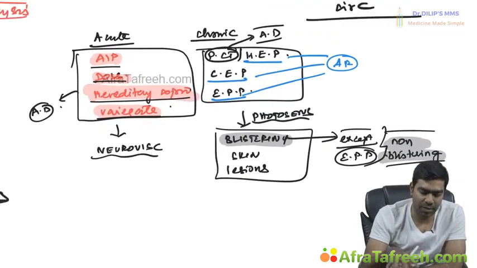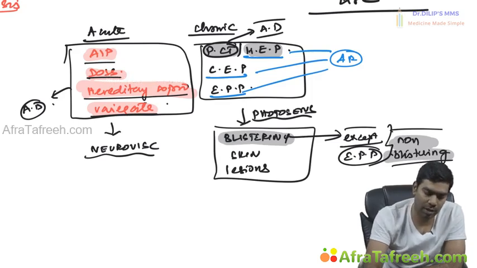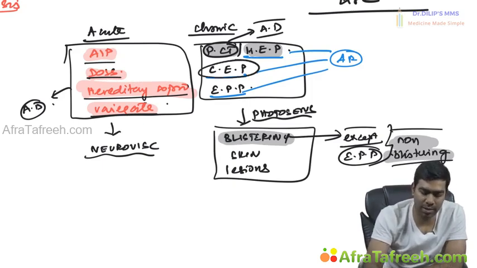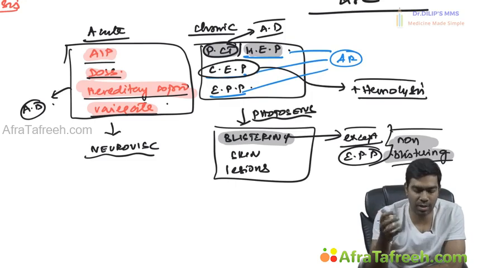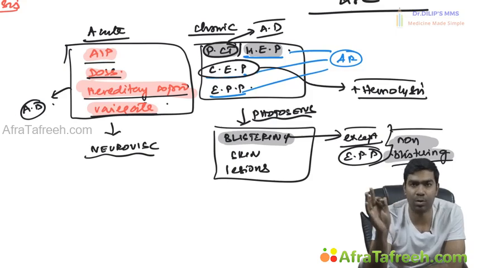Because if they ask, see, PCT is a chronic blistering lesion and hepatoerythropoietic porphyria is also a chronic blistering lesion. What they're going to ask is, this also is not going to have any neurovisceral complication. How will you differentiate each and everything? Congenital erythropoietic porphyria can be easily differentiated because they are going to have additional significant hemolysis, whereas PCT, hepatoerythropoietic porphyria, and erythropoietic protoporphyria are not going to have hemolysis.